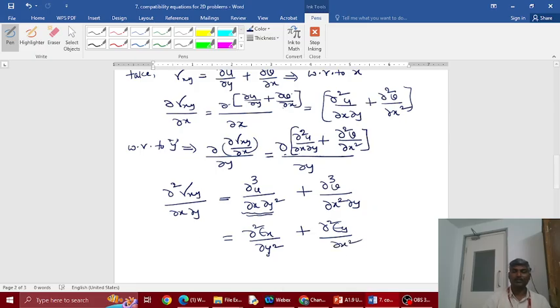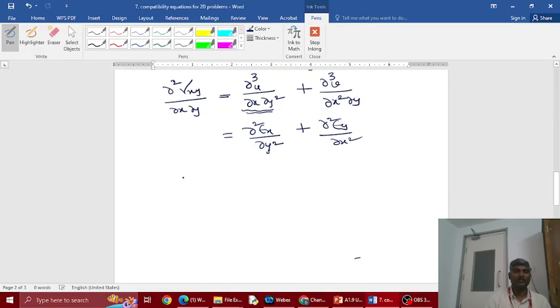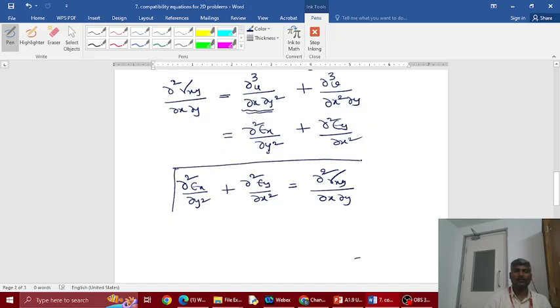So this is the compatibility relation: ∂²epsilon x/∂y² + ∂²epsilon y/∂x² = ∂²gamma xy/∂x∂y. This is the compatibility equation in the xy plane.